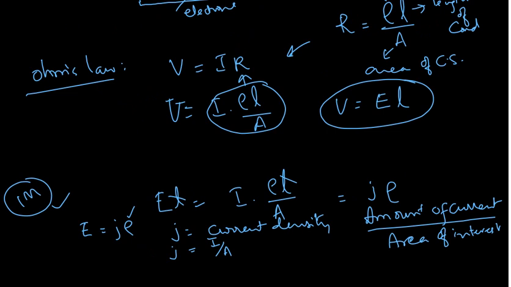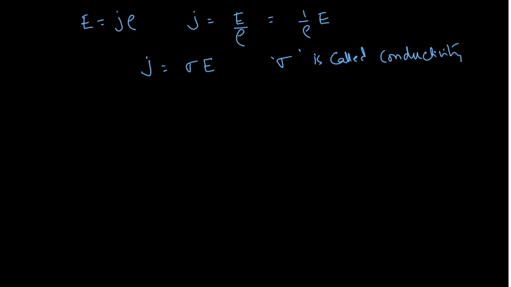So from the same relation, we got J is equal to sigma E, and sigma is called the conductivity of that particular conductor. Rho is characteristic of the material.